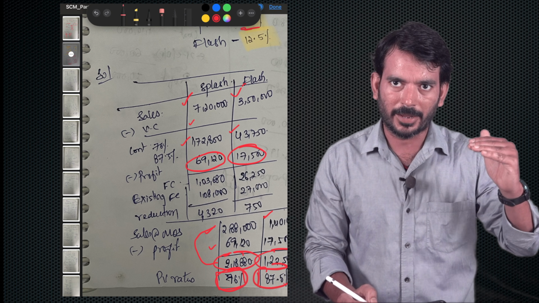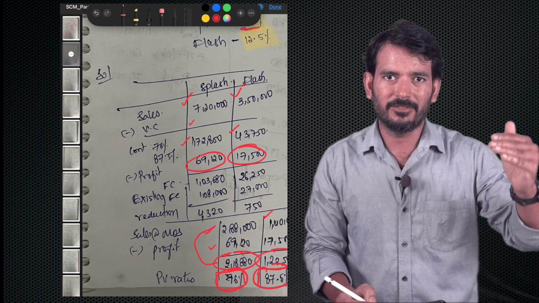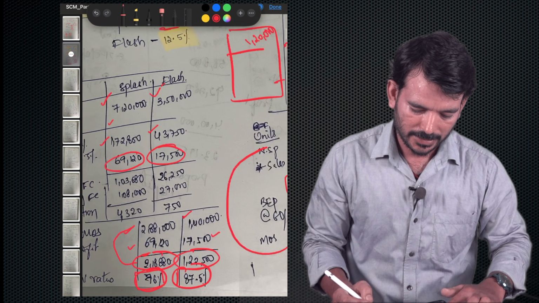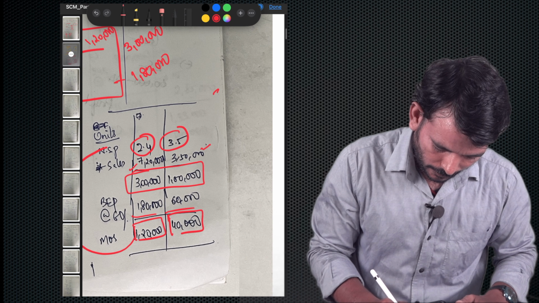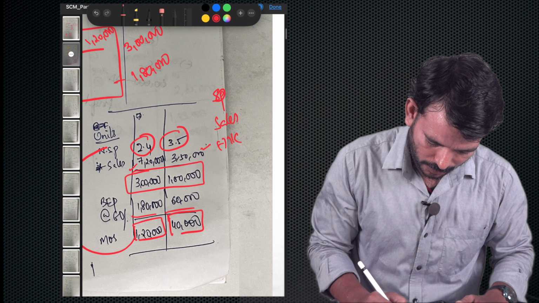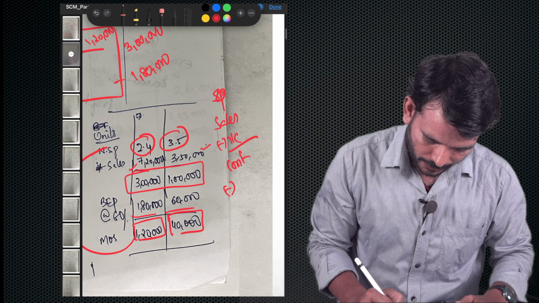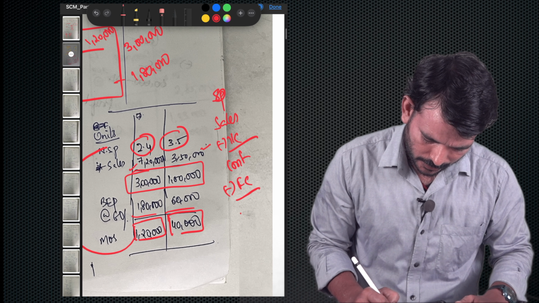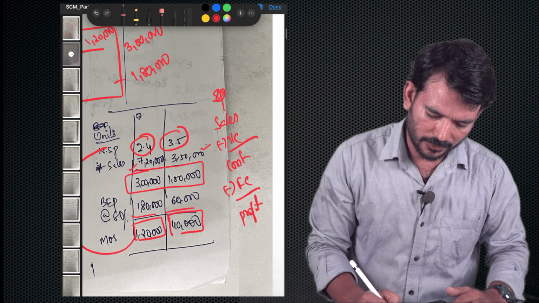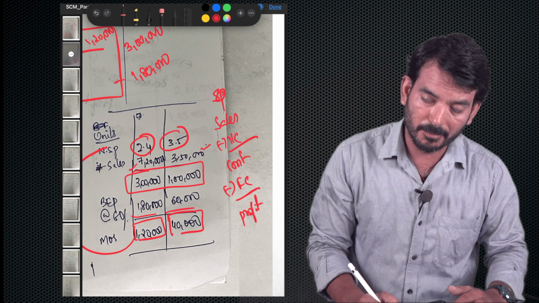So contribution minus fixed cost will give you profit. In the same way, contribution minus profit will give you fixed cost, right? So it's just interchange. Sales minus variable cost gives contribution, and contribution minus fixed cost gives profit, right? So if I want to know the profit, I will deduct fixed cost from my contribution.